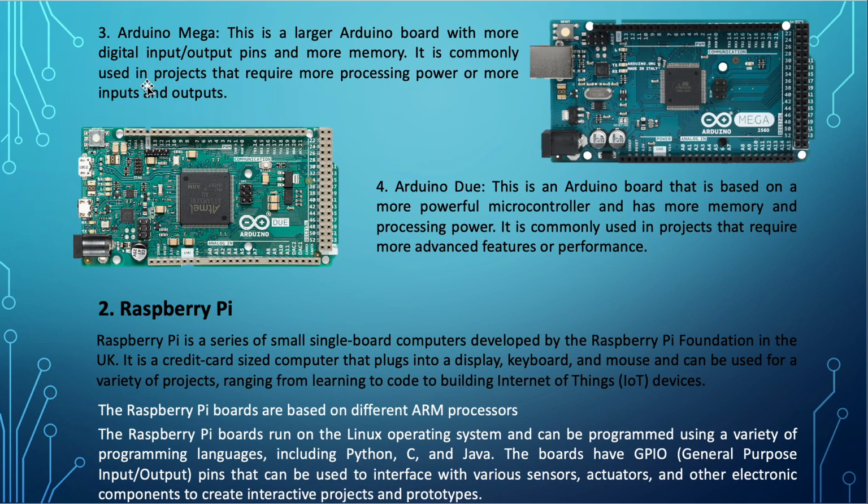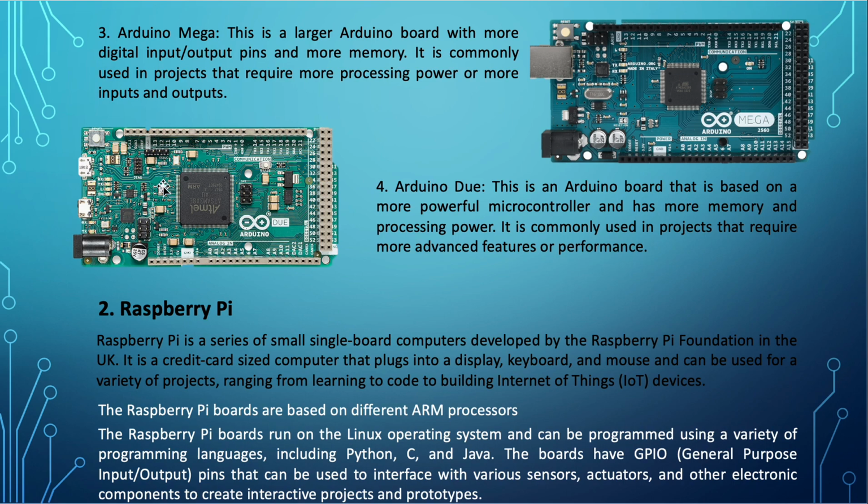Another way to look at it is that if you have demanding sensors which need more processing power, like a camera system that needs to function by itself and do image recognition, you need more processing power. So that's why more processing power is given to these boards. You can see there are different products which fulfill different criteria.